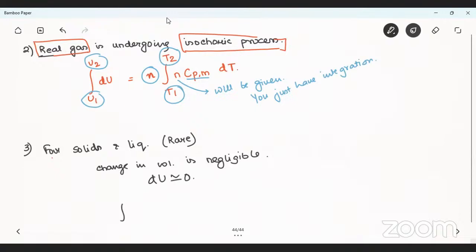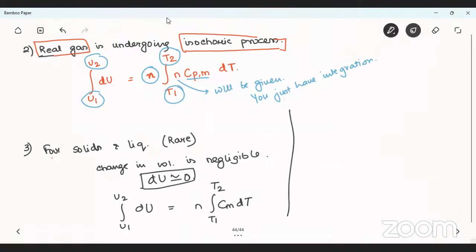So what will be our formula? Everything will be given. You just need to calculate and solve. But just remember, for solids and liquids, this is the condition always.